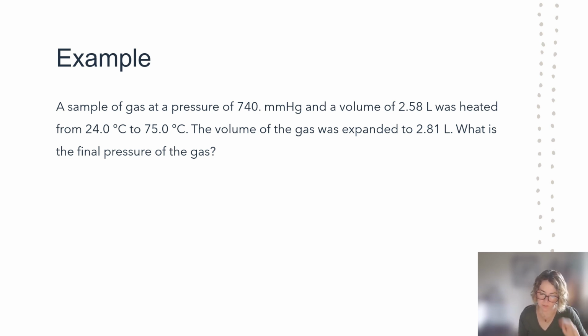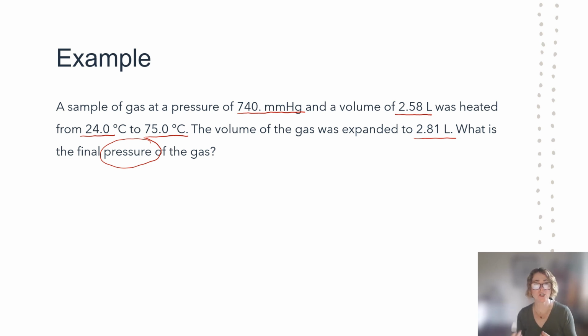So you notice in this problem, we have been given an initial pressure, an initial volume, and an initial temperature. And then we're telling you we're going to actively change the temperature, which changes the volume, and now I want to know what the new pressure is. So when I'm changing variables, in this particular case, I'm dealing with the combined gas law because I've been given all of the variables: temperature, volume, and pressure.